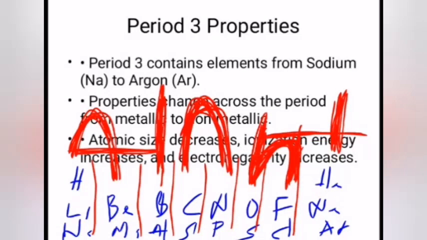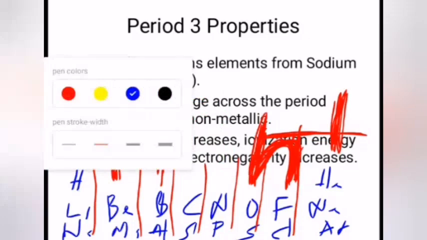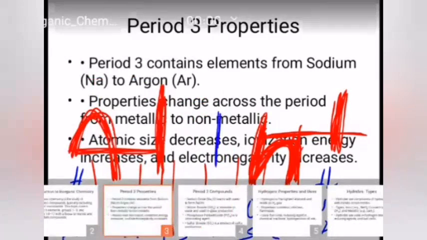So the first three are seen as metals. Then the two in the middle, the ones of carbon and nitrogen, are usually seen as metalloids because they are neither metals nor non-metals. The ones going towards the end are seen as completely non-metals. Normally they would join these ones here, the ones that have nitrogen, to become among the non-metals.